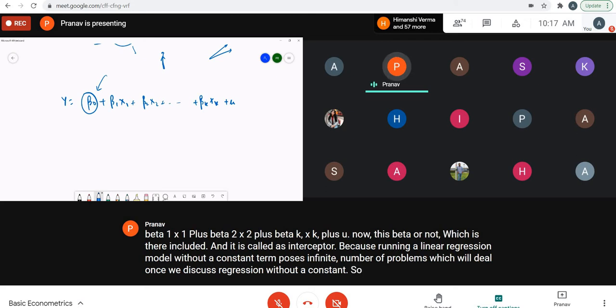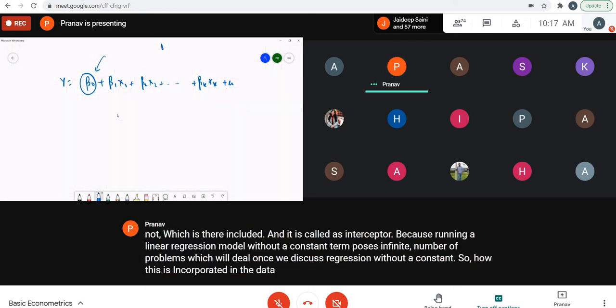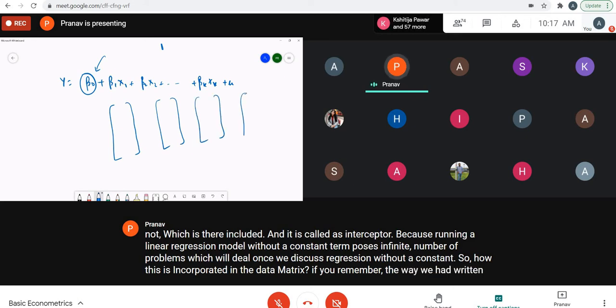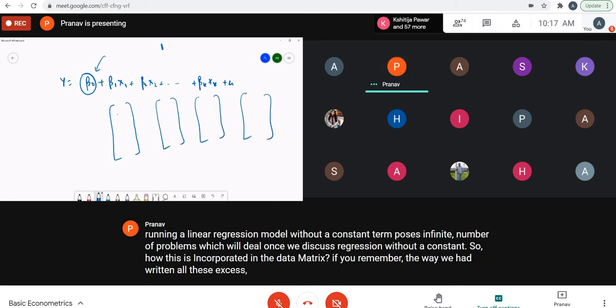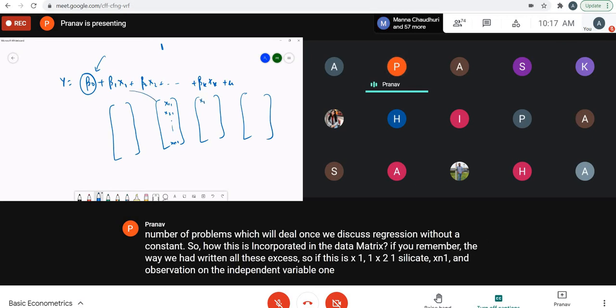So how is this incorporated in the data matrix? If you remember the way we had written all these x's, so if this is x11, x21, till xn1, n observations on the independent variable 1, x12, x22, till xn2, similarly x1k till xnk.